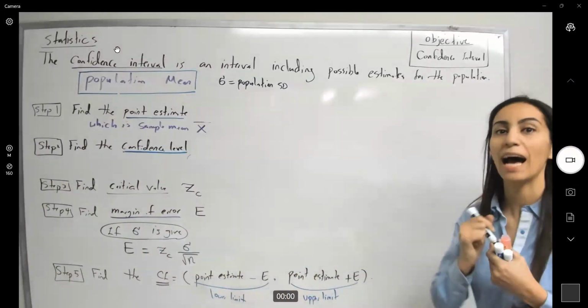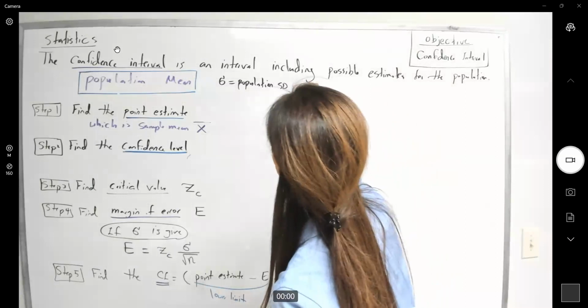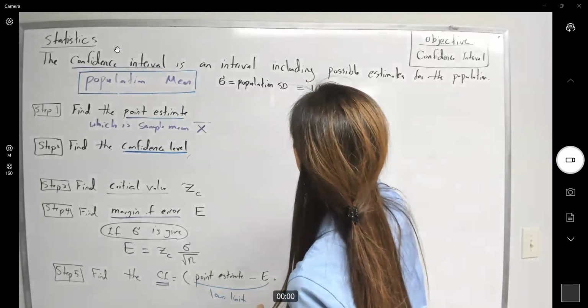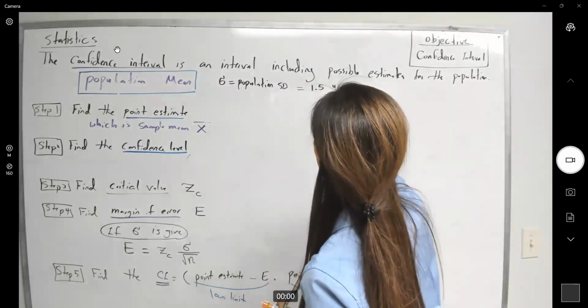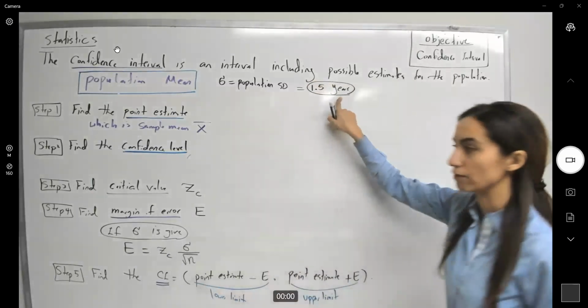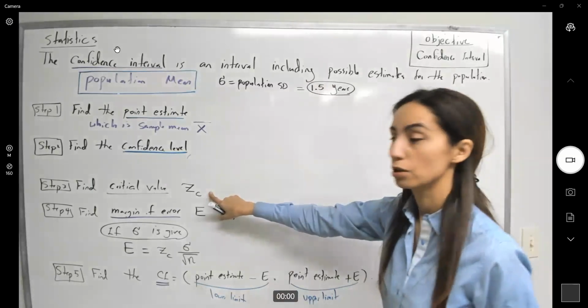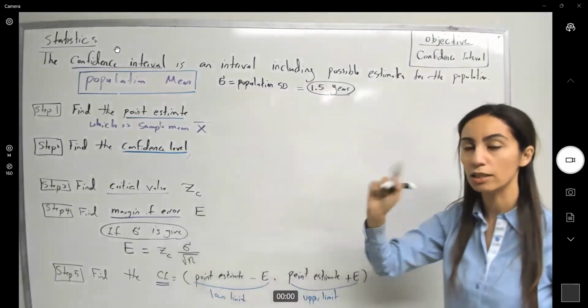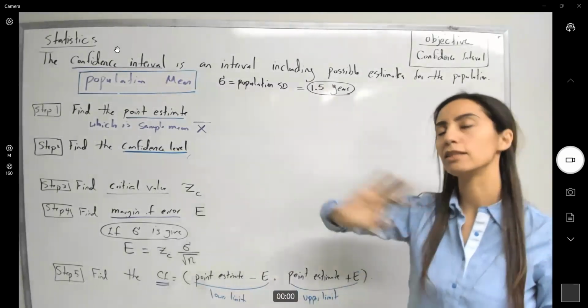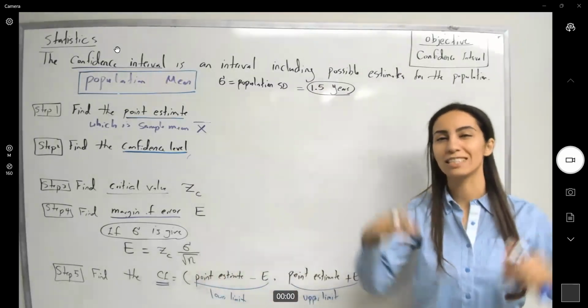It says from past studies, the population standard deviation is 1.5 years. So since I have the standard deviation of the population, I am allowed to go and find ZC. Otherwise, I have to find a different critical value that we call T sub C.